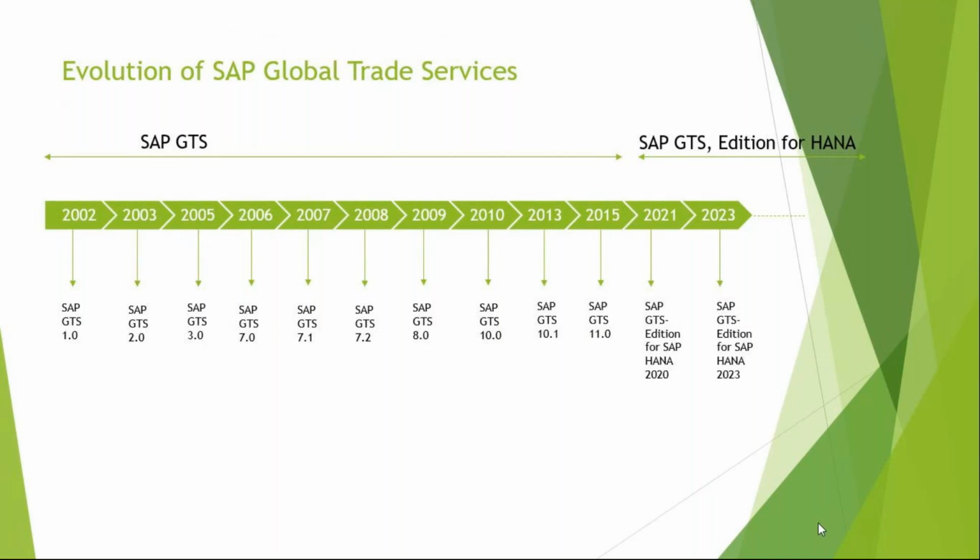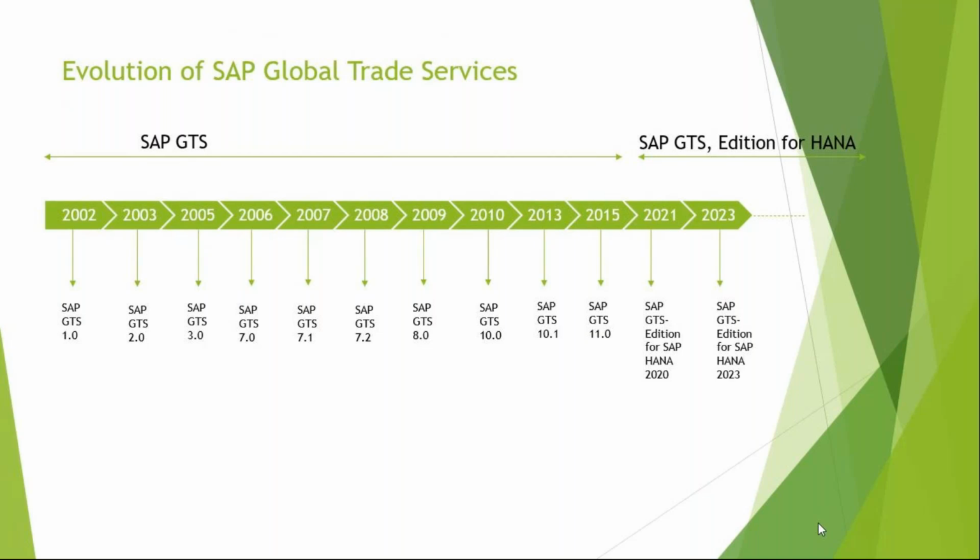11.0 is the version which is being used by most of the companies. In 2021, SAP came up with a new version of SAP GTS, called SAP GTS Edition for SAP HANA. And last year, that is 2023, they again came up with a new version, SAP GTS Edition for SAP HANA 2023.